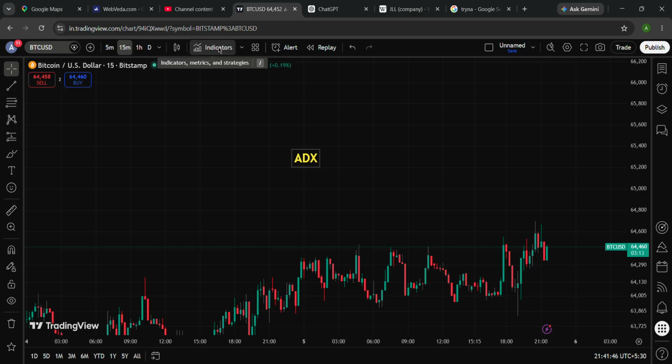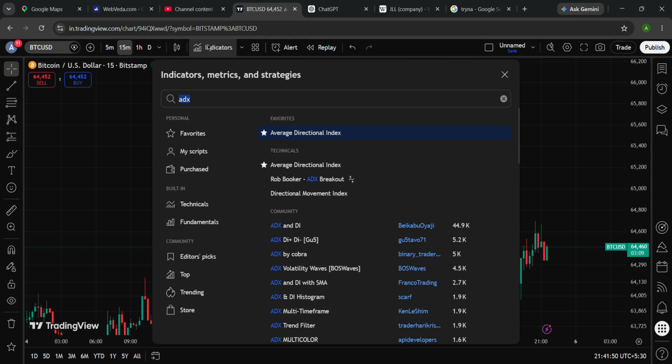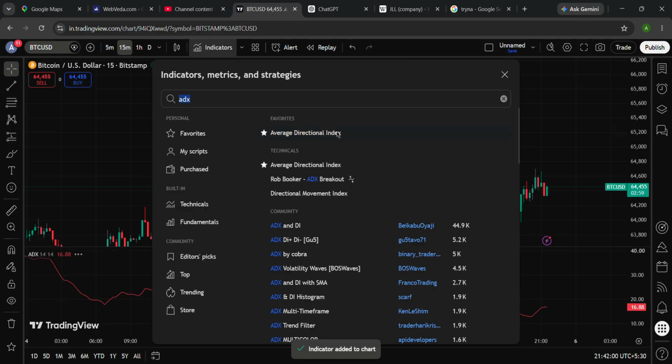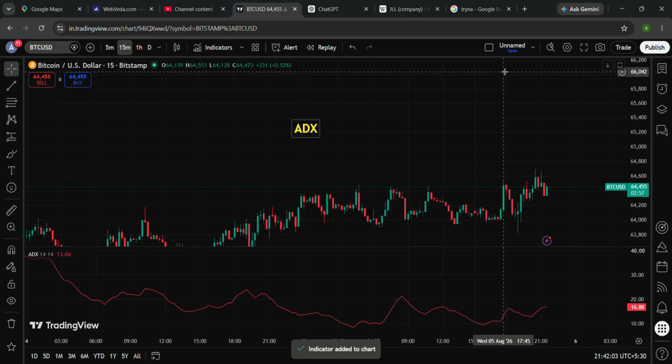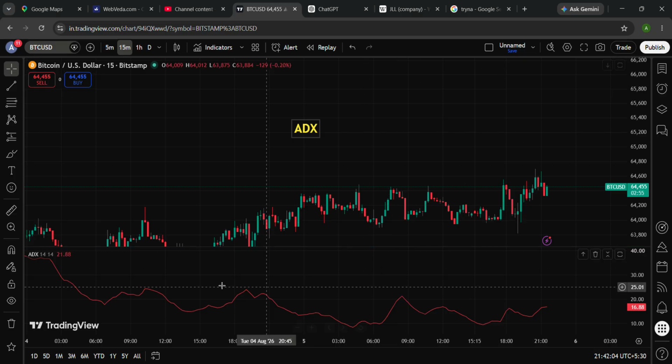Back to our topic, click on the indicator portion and search for ADX. Here you will see Average Directional Index. I simply click on it, and this is what the ADX looks like.